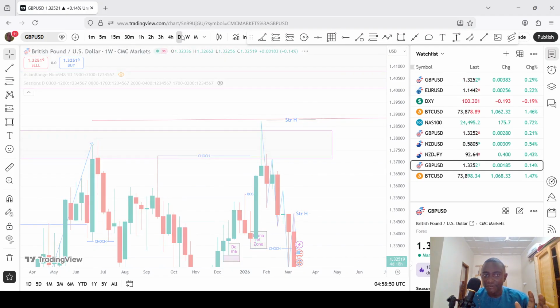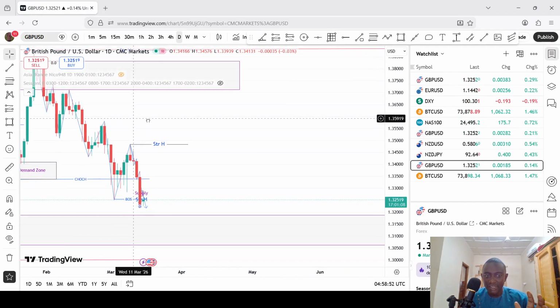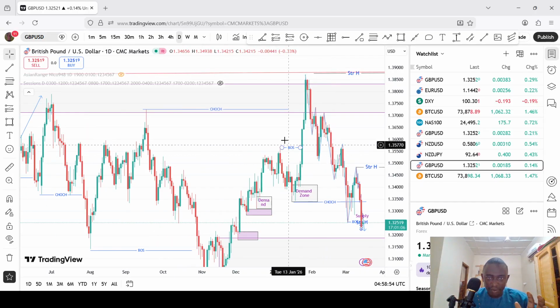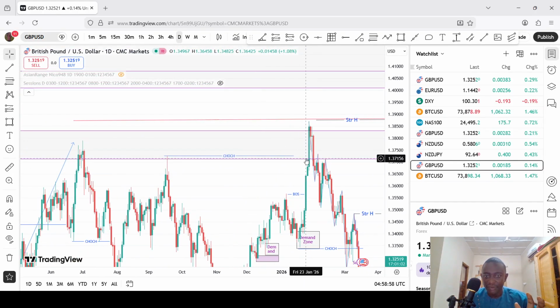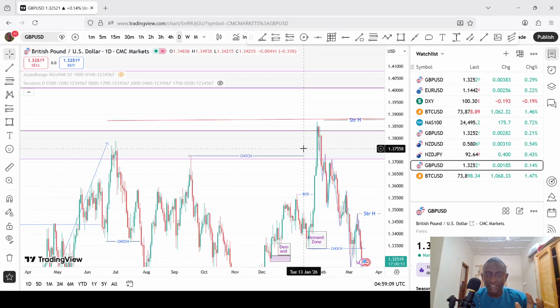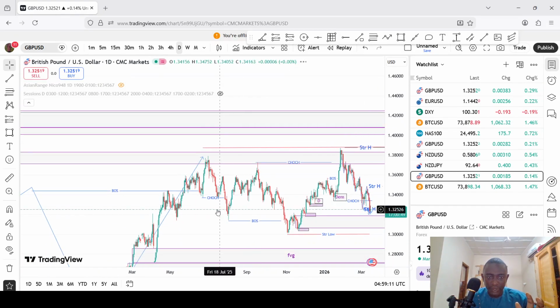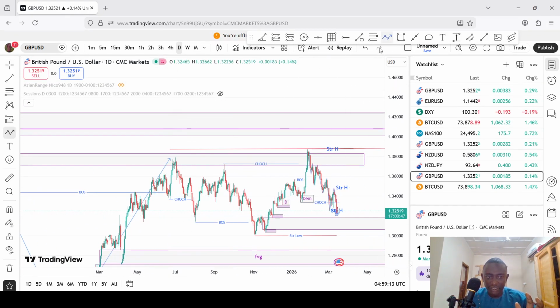But the daily time frame, once you get to the daily time frame, this is the same place you are seeing in the weekly time frame. So price all the way from here went above to this point and came to this point and closed above it. Once price closed above it, and we're having these structures, we initially had this.